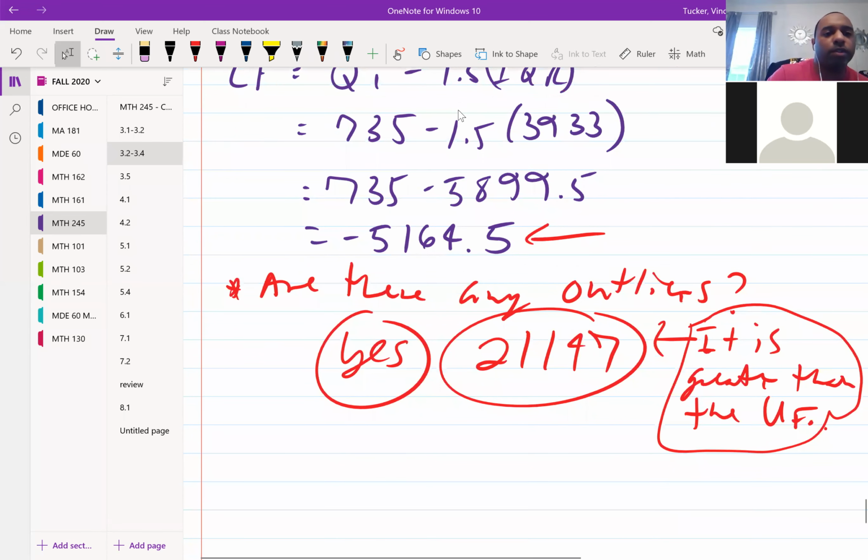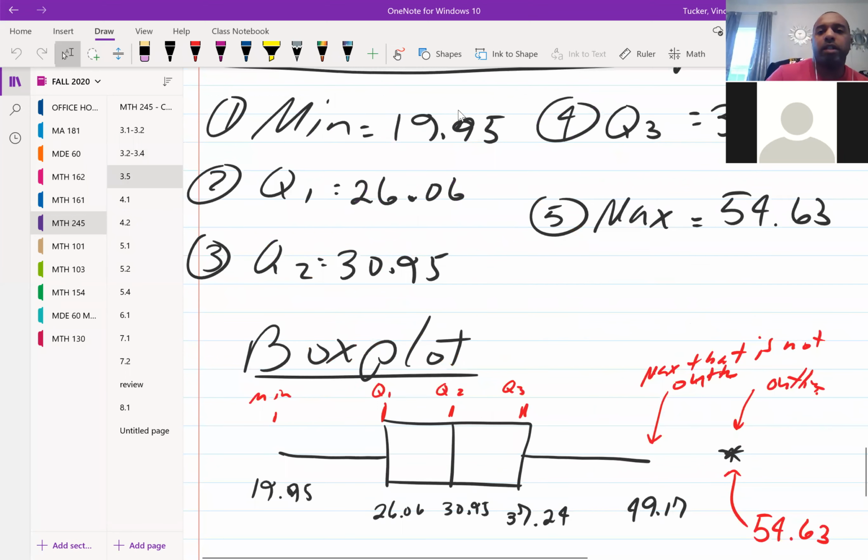Let's do 3-5, which is very similar. And then we'll be done for today.